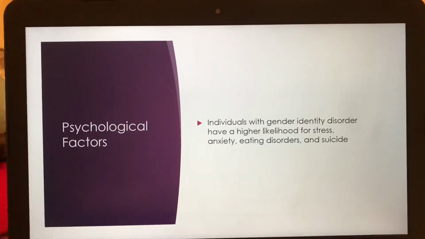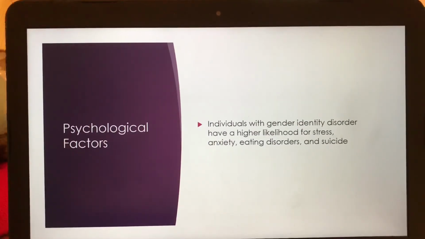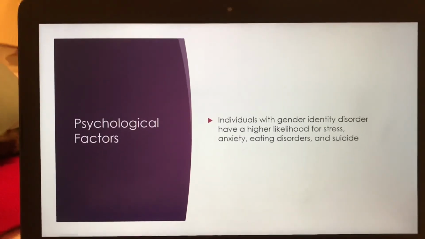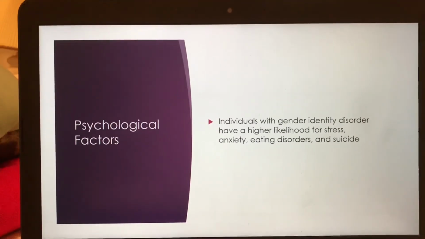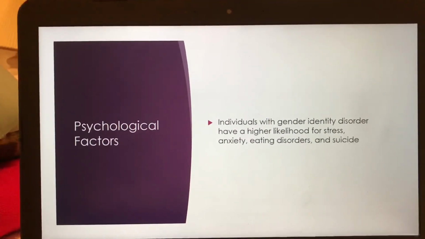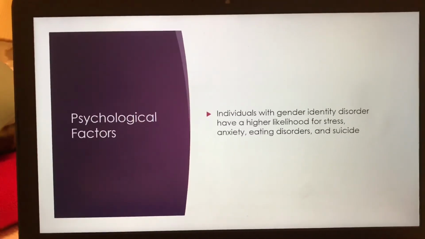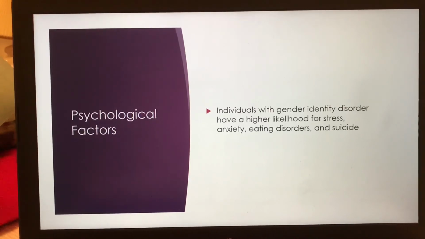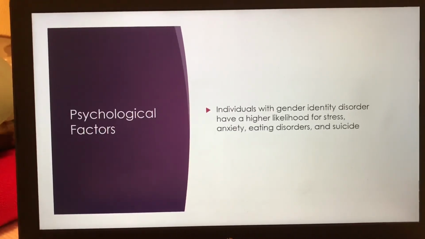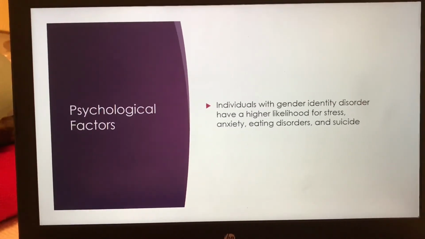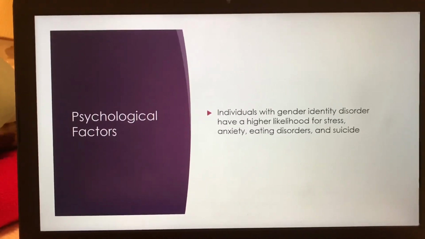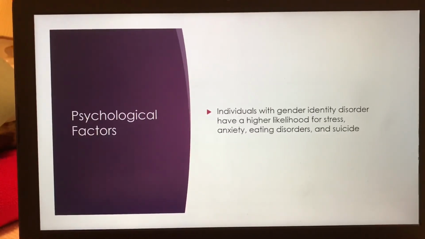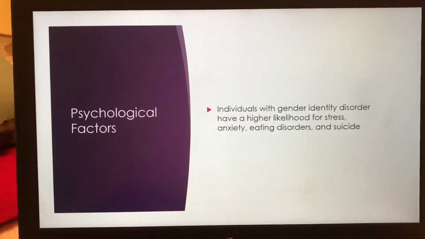And then these individuals also often use eating disorders as their excuse and their method to achieve the body shape and body type that they are looking for. And all of these factors combine together to create a higher risk of suicide.